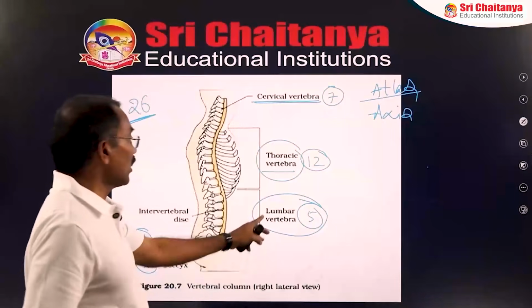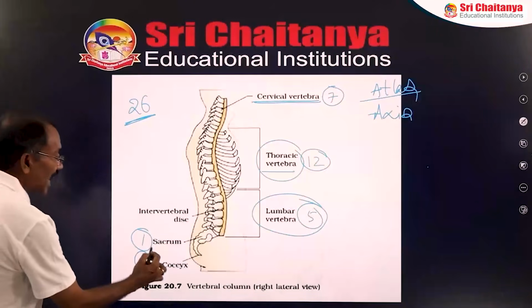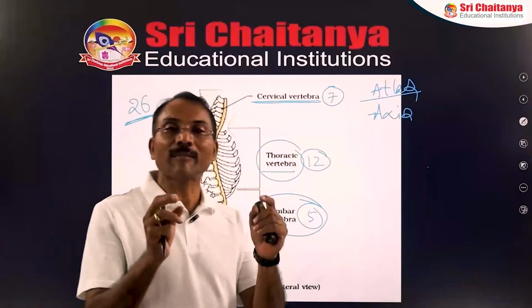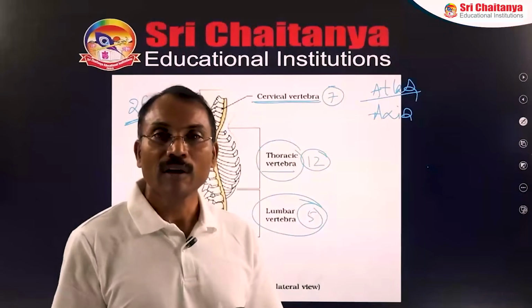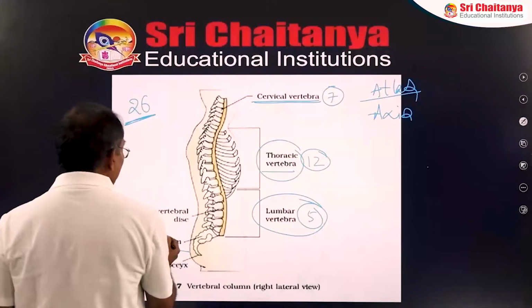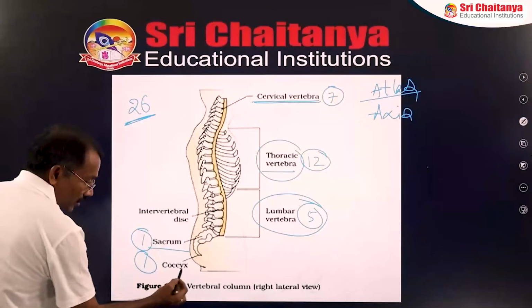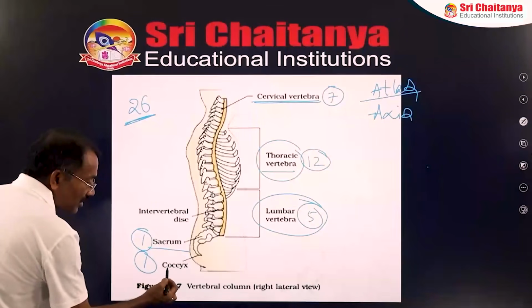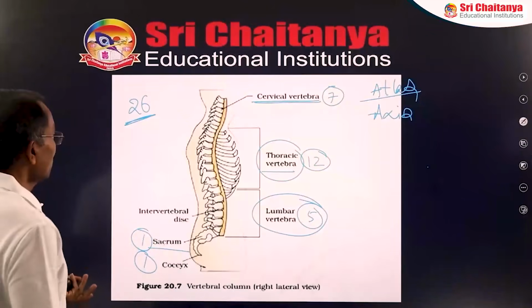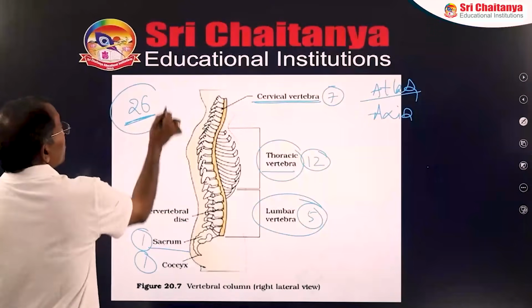There are 5 lumbar vertebrae and the sacrum. The sacrum is a compound bone. The sacrum is formed by the fusion of 5 sacral vertebrae, and the coccyx by 4 caudal vertebrae, which are seen in the embryos. So in the adult endoskeleton, the total number of vertebrae is 26.